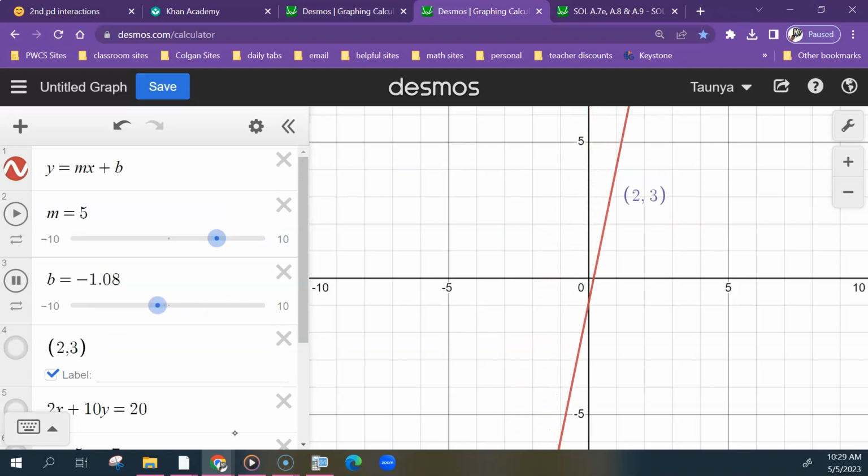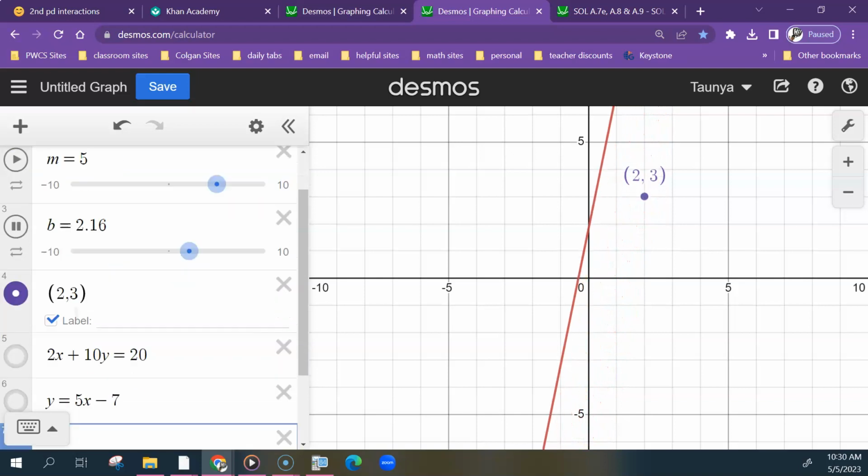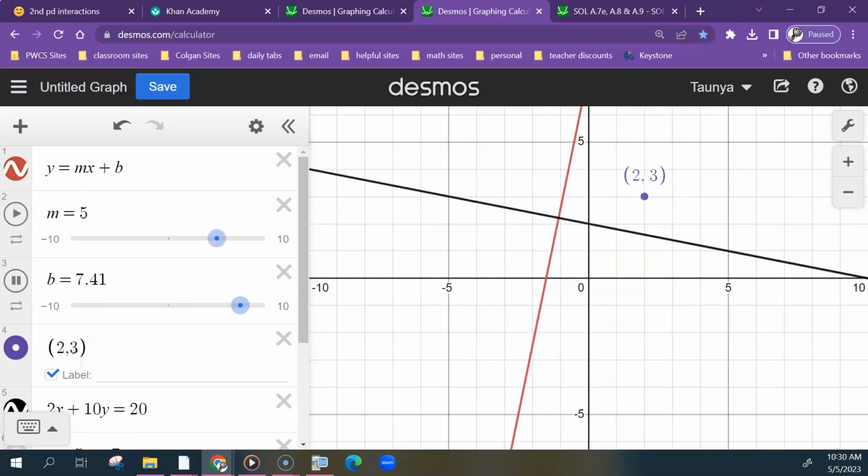Number 4 said something about writing an equation, so that should have been your light bulb to go off. Put in y equals mx plus b. It would ask you to add in sliders, add in all of them. It's perpendicular, so the slope has to be the negative reciprocal. So look at the original. The slope of this one is -1/5, so the new slope has to be +5.